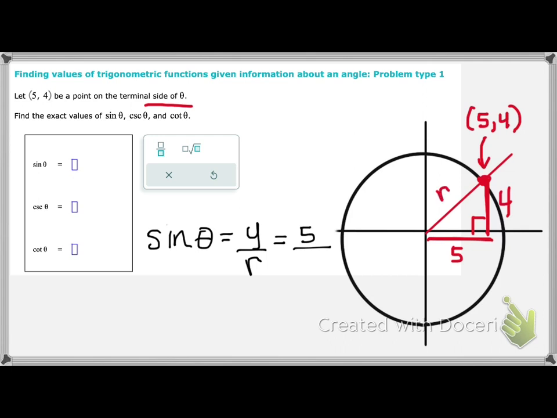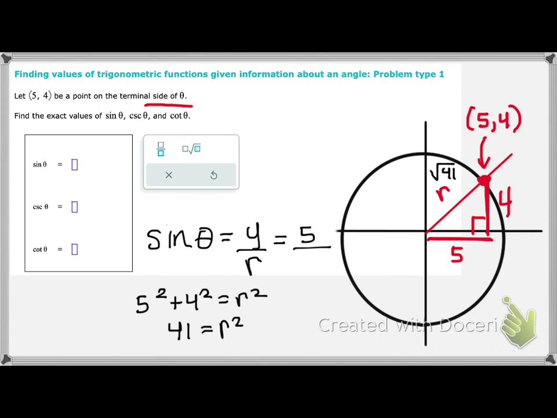There's r, and the Pythagorean theorem says that 5 squared plus 4 squared is equal to r squared. So I've got 25 plus 16, which is 41, equals r squared. I can square root both sides, and I get r is the square root of 41.